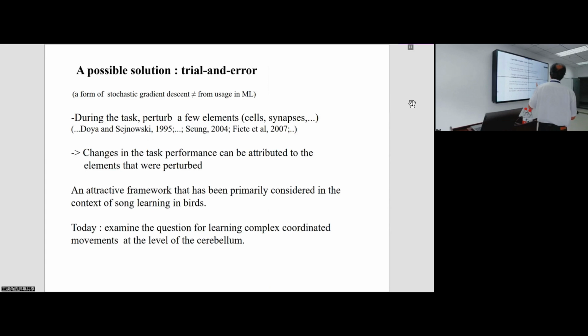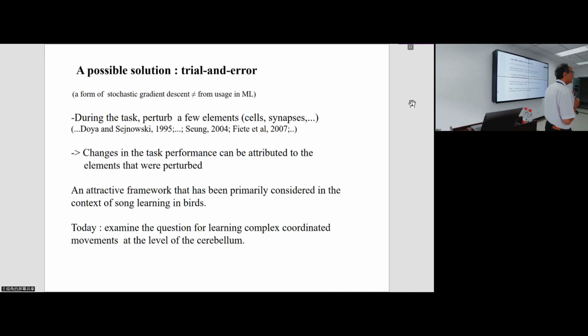And a solution that has been around for long is to go by trial and error. It's a form of stochastic gradient descent, though for those of you who are machine learning aficionados, the name is a bit different from what is used.